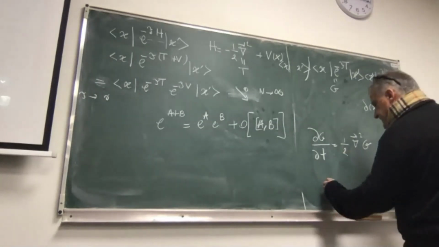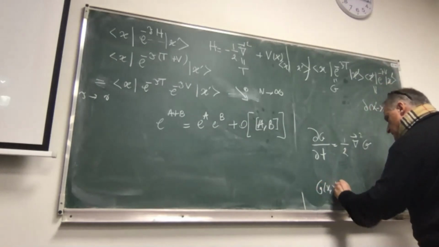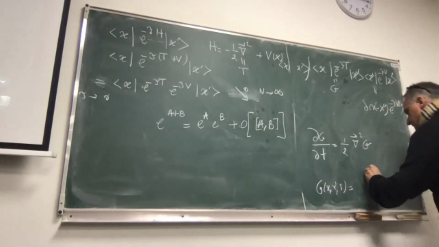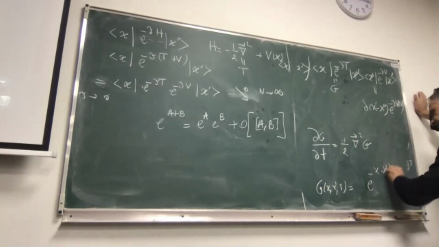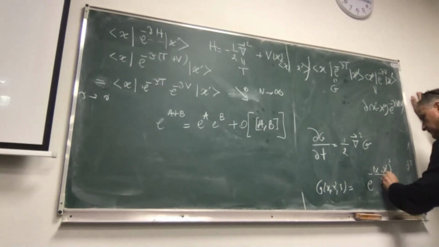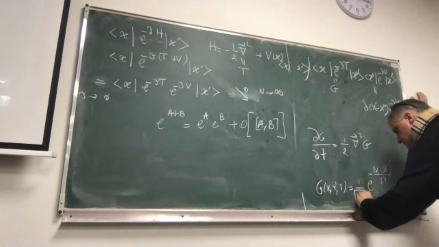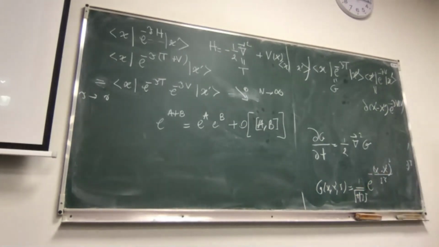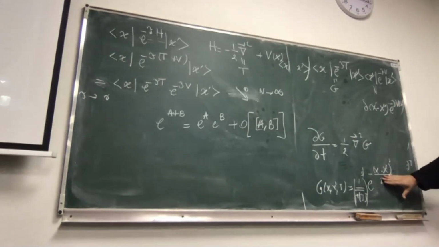The exact solution of that is G of x prime, tau equal exponential minus x minus x prime squared over 2 tau, with some factor, in one dimension or in any dimension. It is a Green function of the heat equation. Do you remember that or not? Oh, it's easy to check.